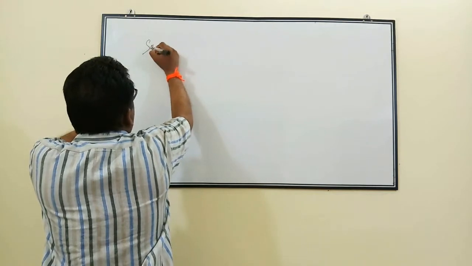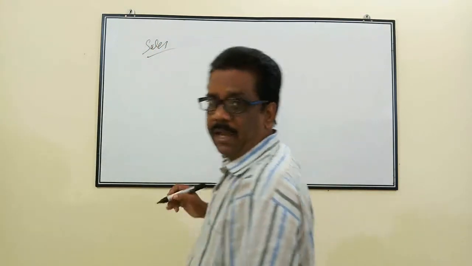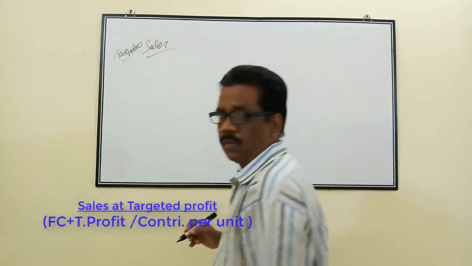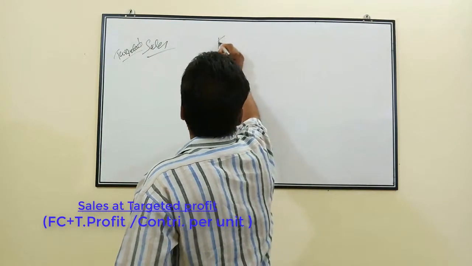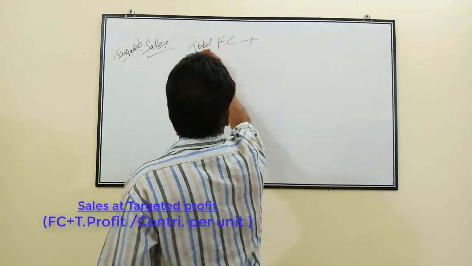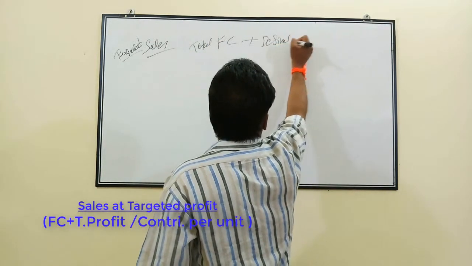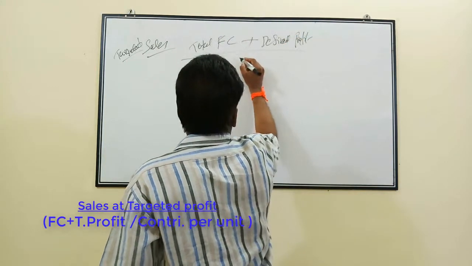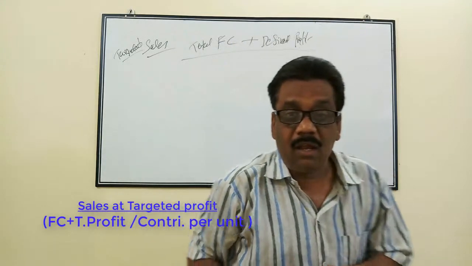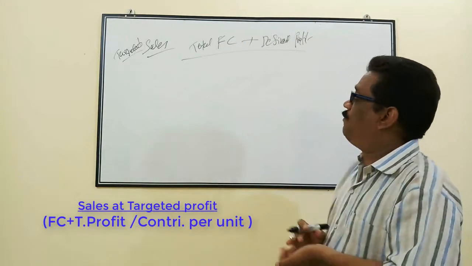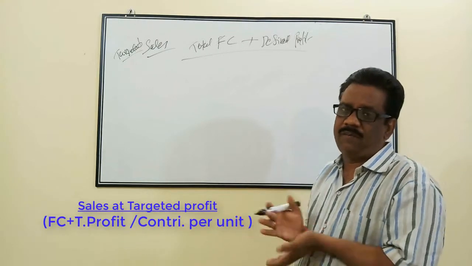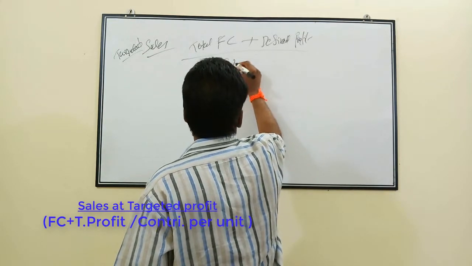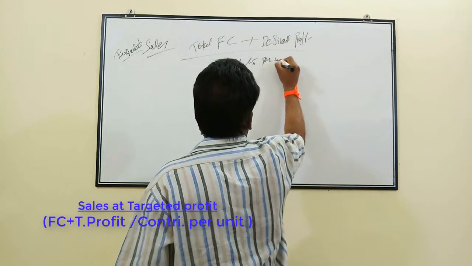So how much sales you need, or targeted sales, can be estimated by using total fixed cost plus desired profit, divided by contribution per unit.